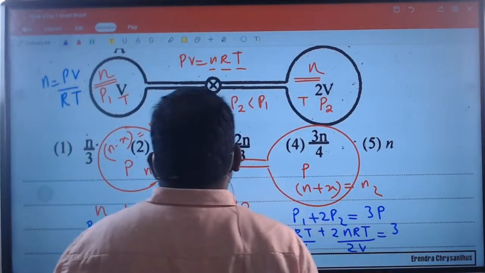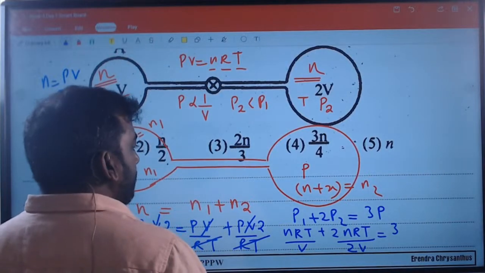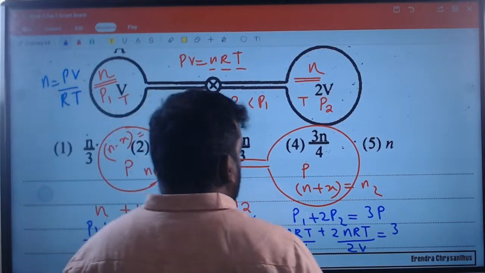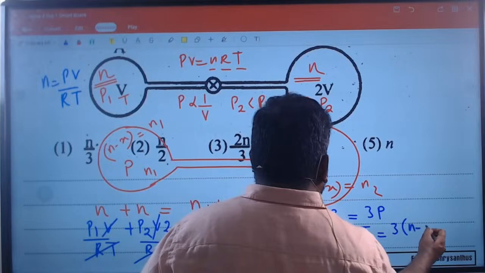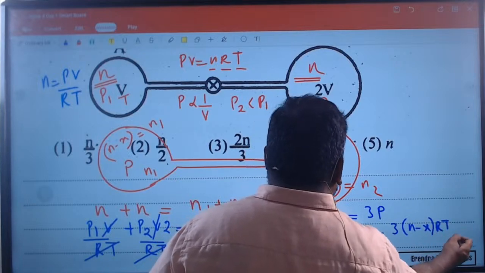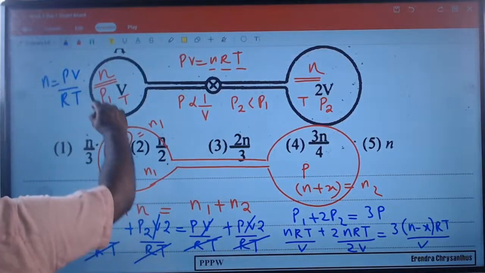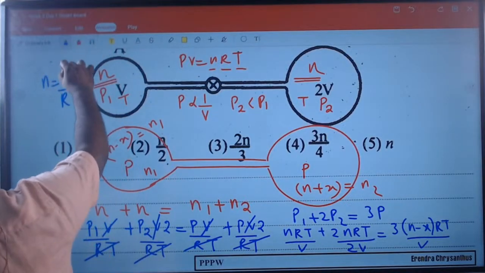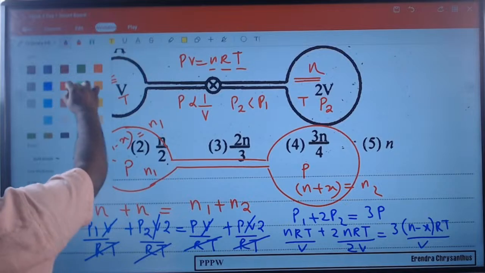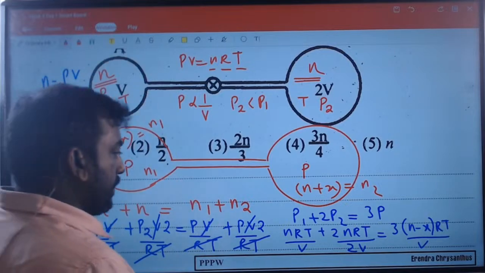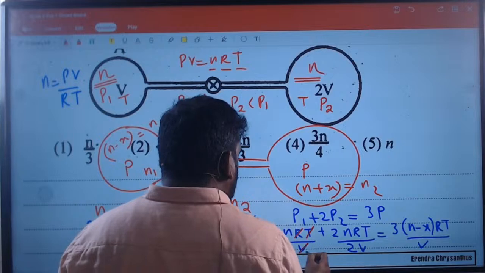What is pressure P? Pressure P is (n minus x) RT over volume. Now from this you can simplify.